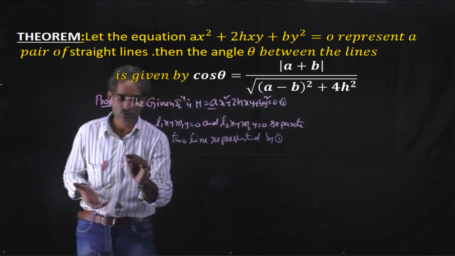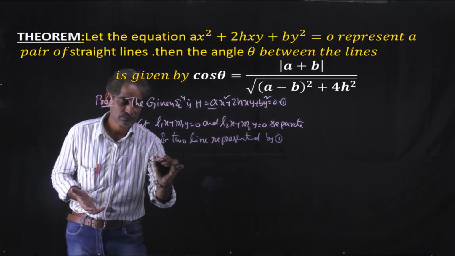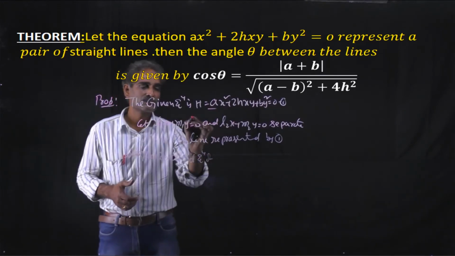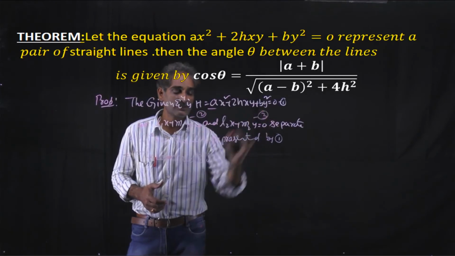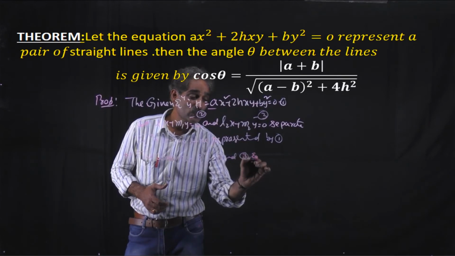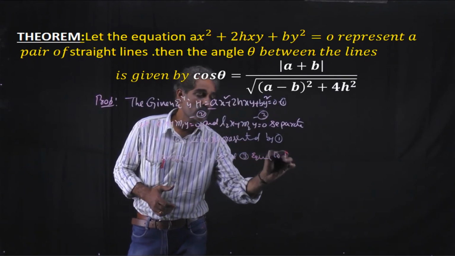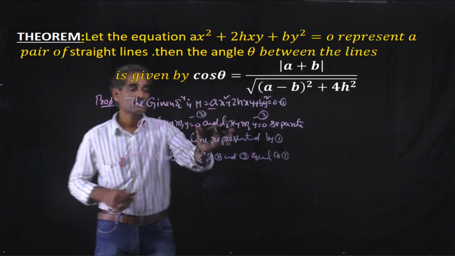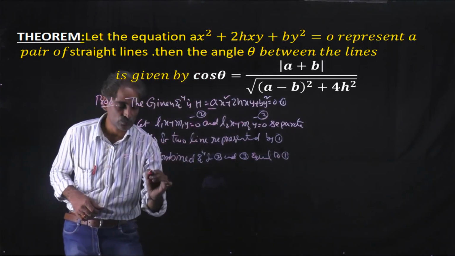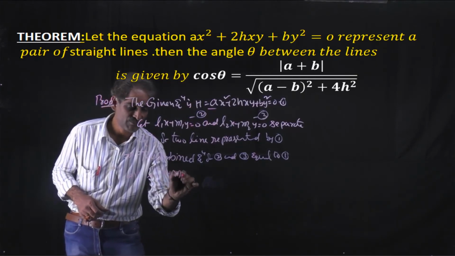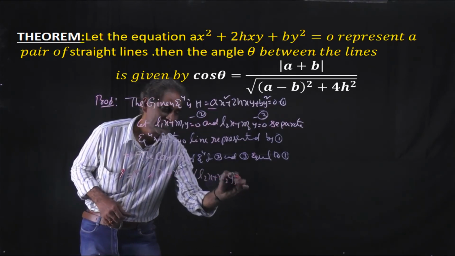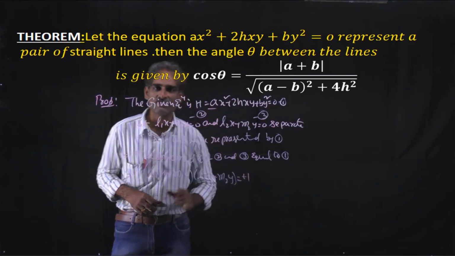Therefore, the combined equation of these two, 2 and 3, equals 1. So now find the combined equation of these two. The combined equation equals L1x plus M1y into L2x plus M2y equal to 0.